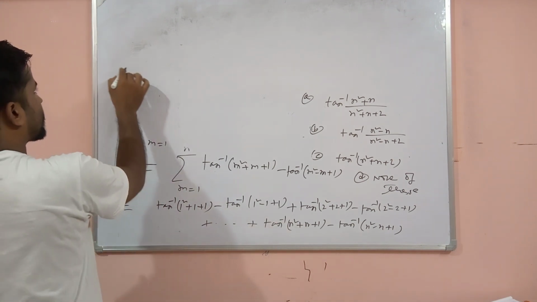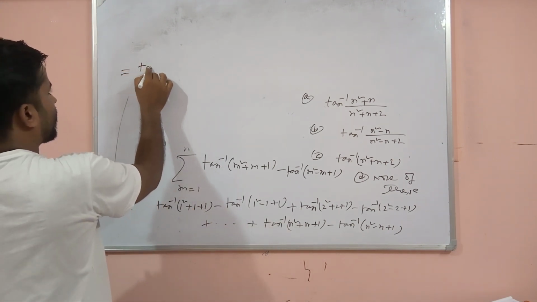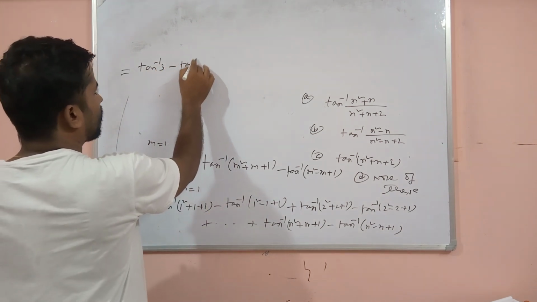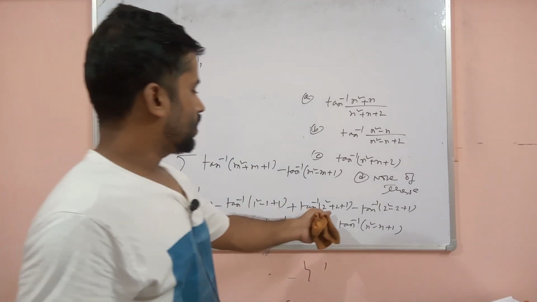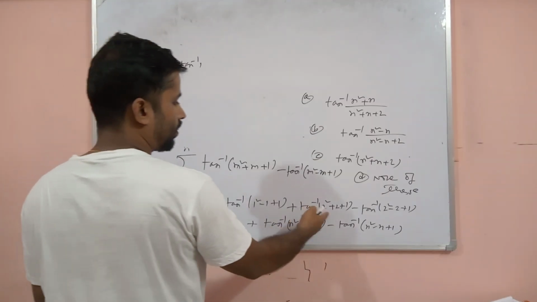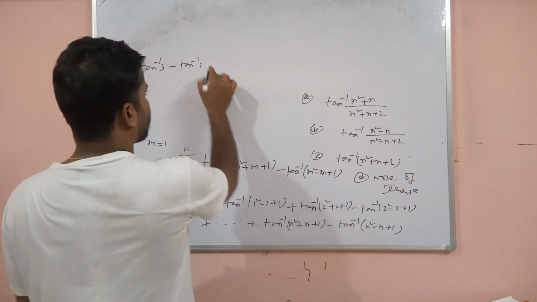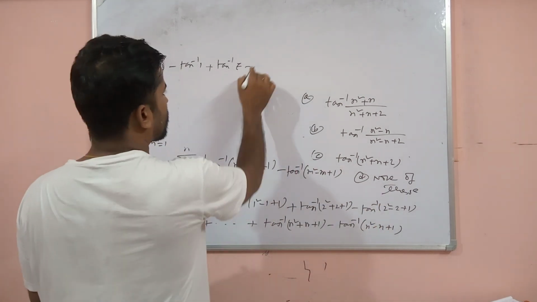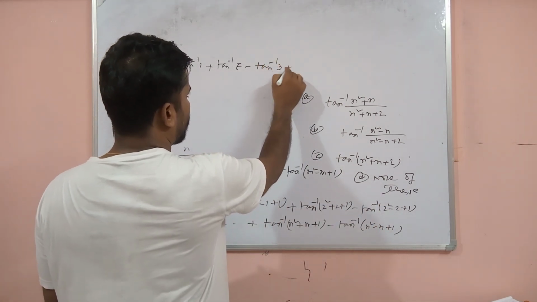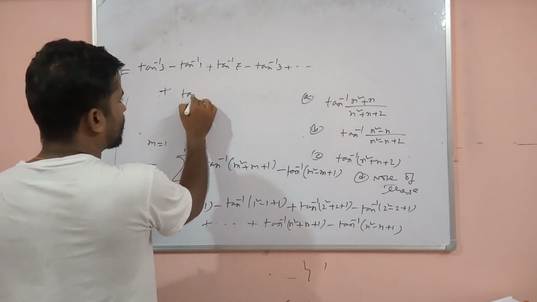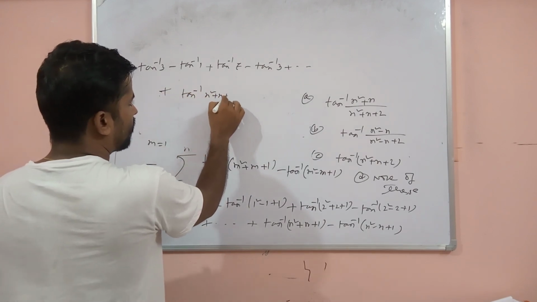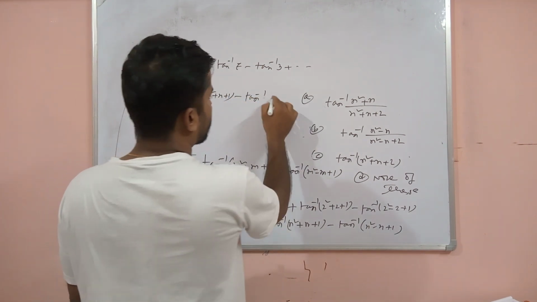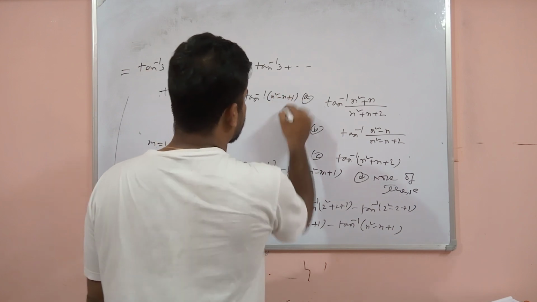So next step, it is tan inverse 3 minus tan inverse 1, plus tan inverse 7 minus tan inverse 3, plus dot dot, tan inverse n square plus n plus 1 minus tan inverse n square minus n plus 1.